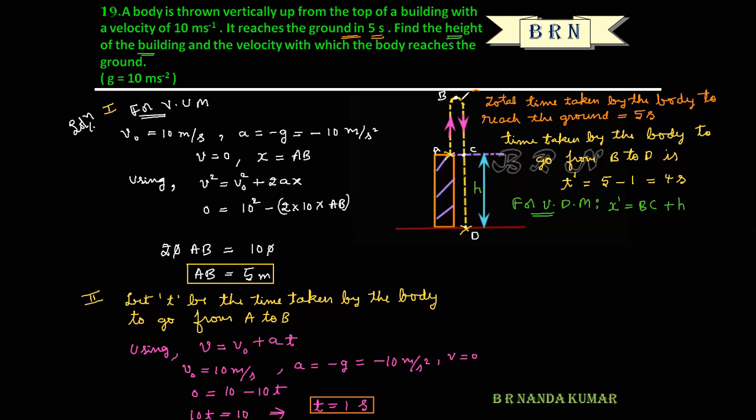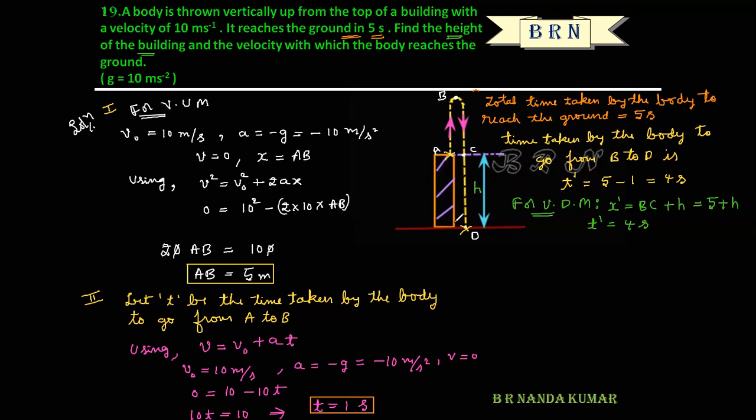So the distance is 5 plus h. And the time taken by the body to travel from B to D is 4 seconds.